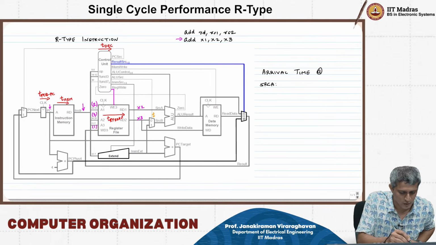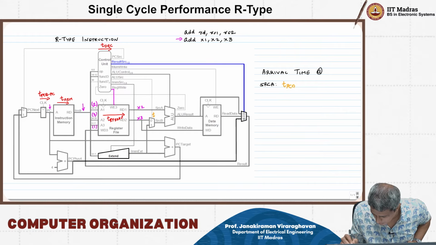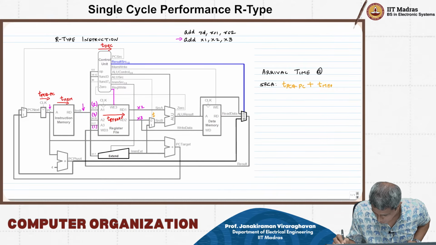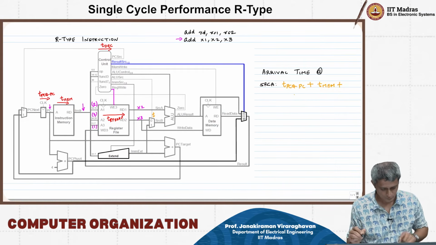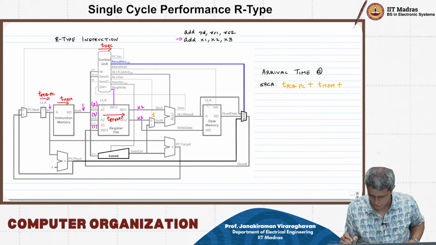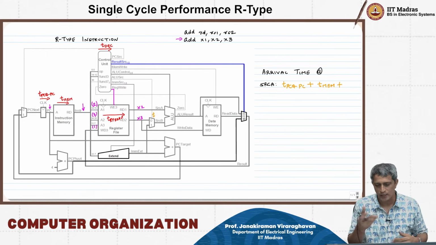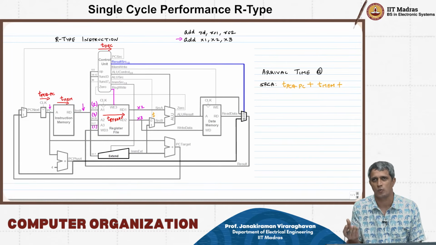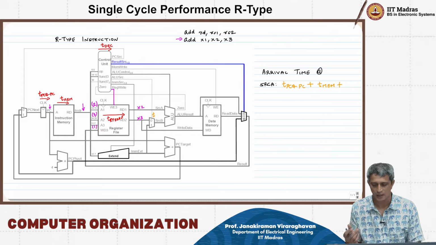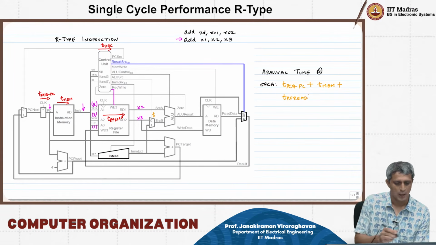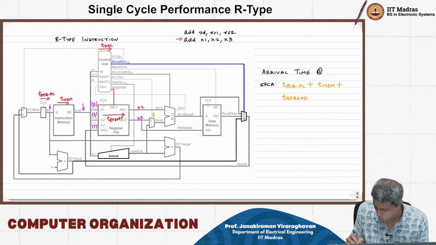It is basically T PCQPC plus T mem, plus T RF read, at source A. So source A has really no control unit influence on the register readout, that is the A1 address, and therefore that is just going to come out after T RF read straight.